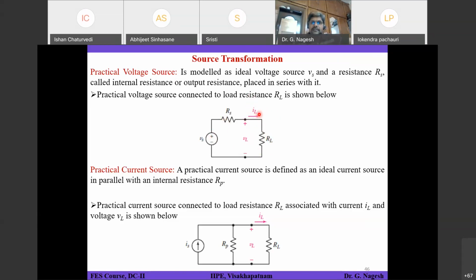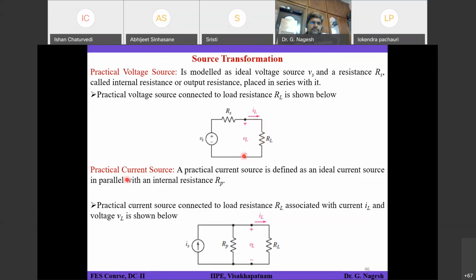It is determined by the value of the load resistance you have connected. Each load will have its own resistance, and that resistance will determine how much current flows in the circuit. So IL will keep on varying; it depends on RL, that's all.